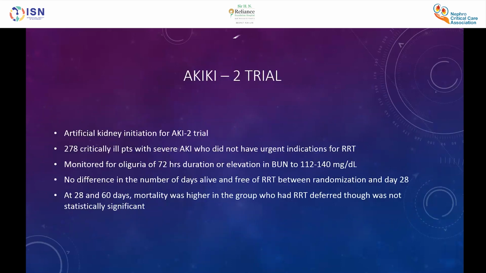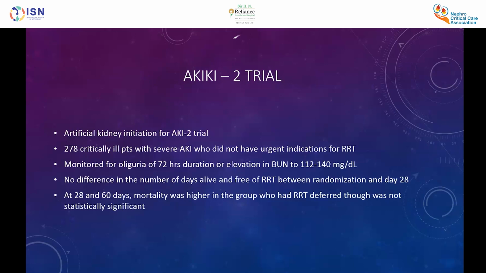There was the AKIKI 2 trial, that's Artificial Kidney Initiation in Kidney Injury, where 278 critically ill patients with severe AKI, who did not have any urgent indications for renal replacement therapy, were included. They were monitored for oliguria for almost 72 hours, or for an elevation in BUN to around 112 to 140 milligram per deciliter.